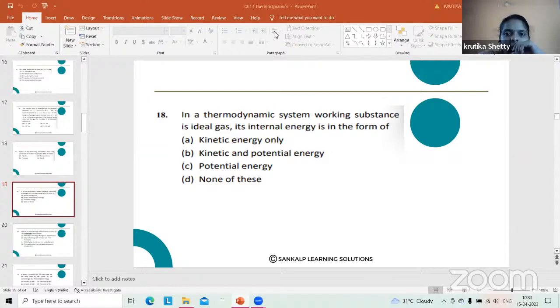We did the internal energy definition earlier, right? So what is internal energy? What is the answer?